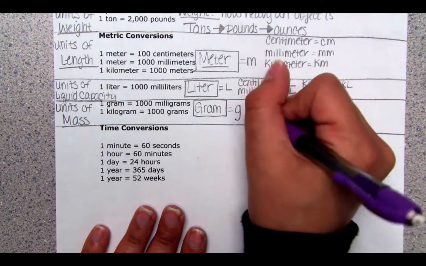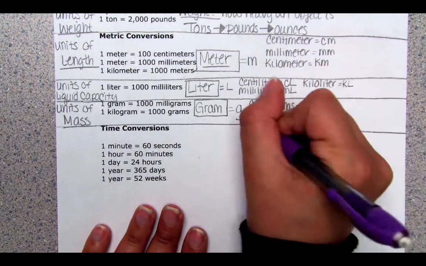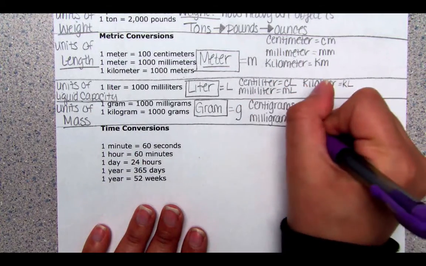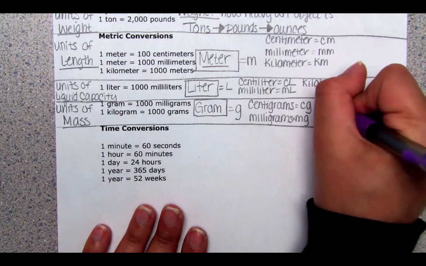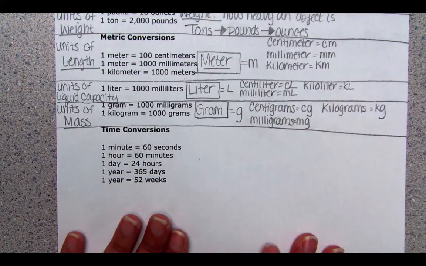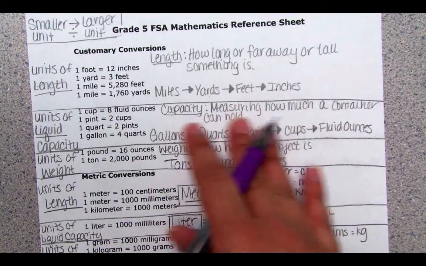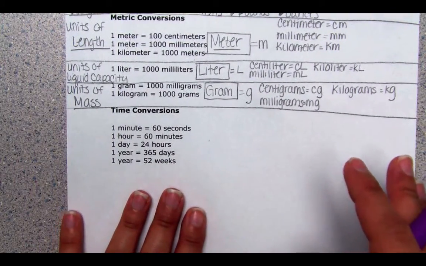So we have also centigrams would be cg, milligrams would be mg, and kilograms would be kg. Those are our abbreviations. I did not put abbreviations in the customary units of measure because those aren't very long, so we're not going to abbreviate those. But metric, you'll probably want to abbreviate.